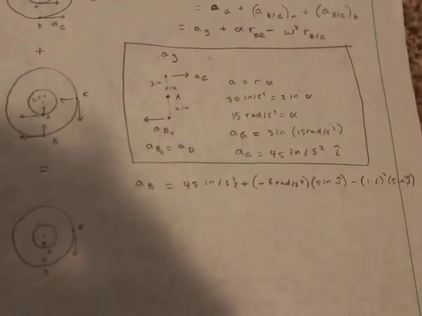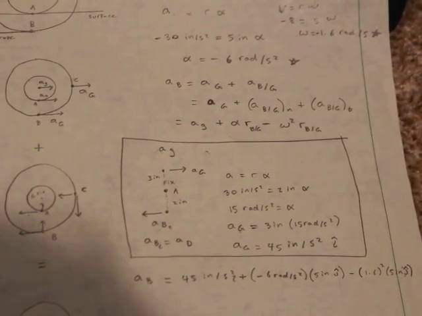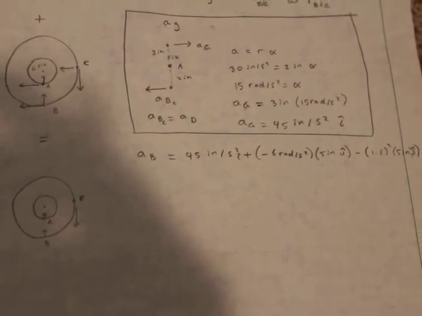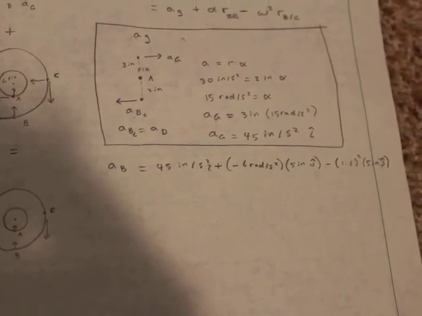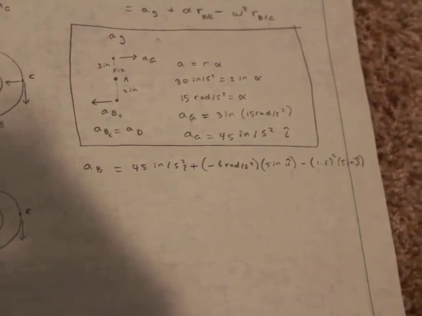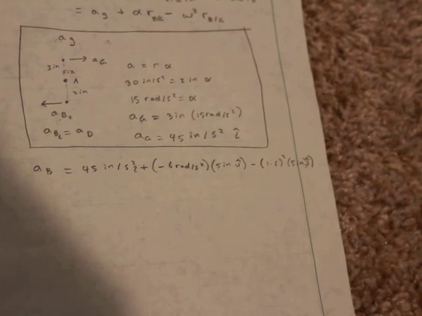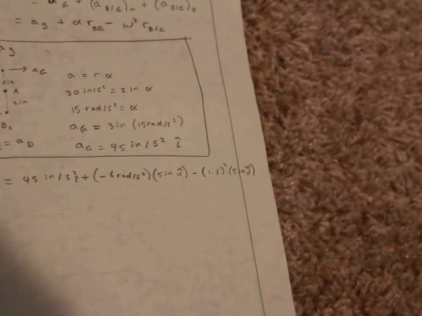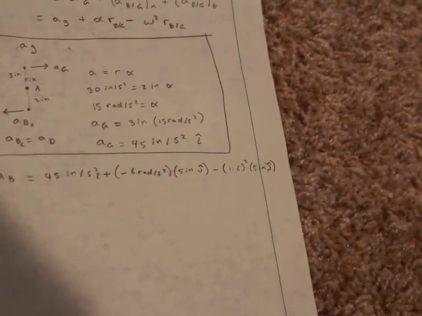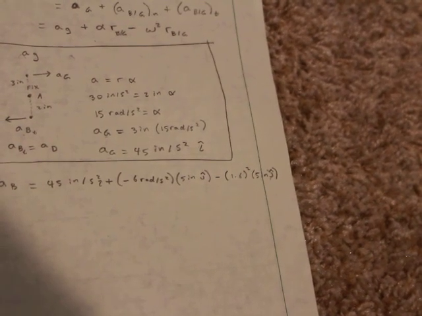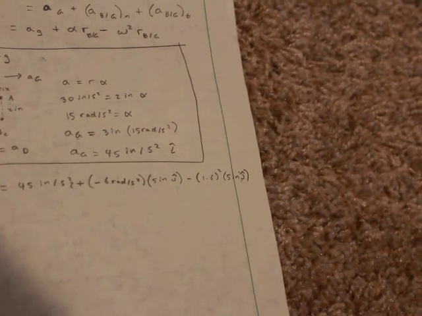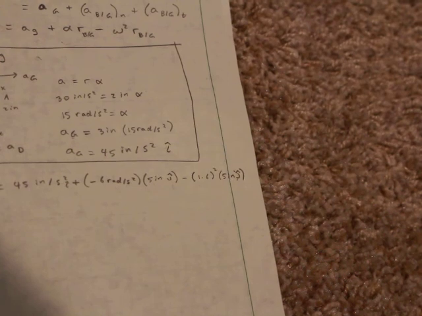Back down here, the equation we had set up is AG plus alpha RBG minus omega squared RBG, which gives us our acceleration of B equals 45 inches per second squared in the i direction, plus -6 radians per second squared times 5 inches in the j direction, minus 1.6 radians per second, squared, times 5 inches in the j direction.